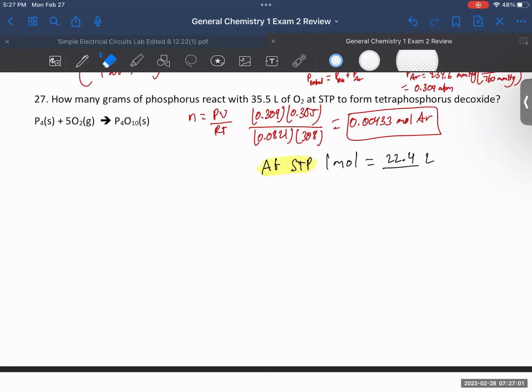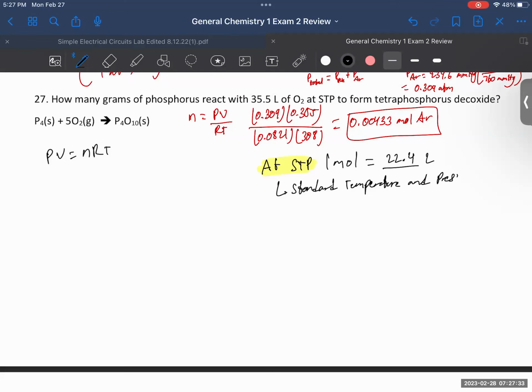Do y'all want to know the reason why 1 mole equals 22.4 liters? All right, let's plug this into PV equals nRT with STP conditions. So we're trying to find our volume, right? Okay, so Dylan, STP stands for standard temperature and pressure.